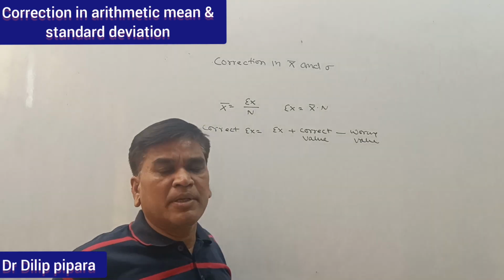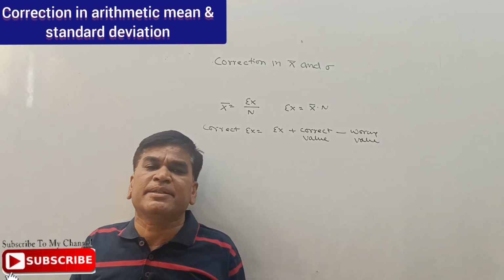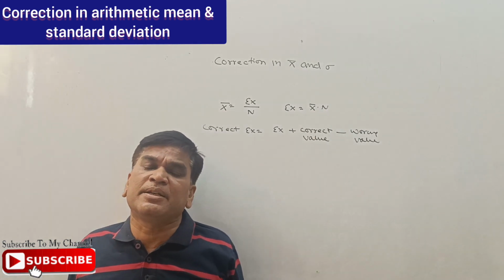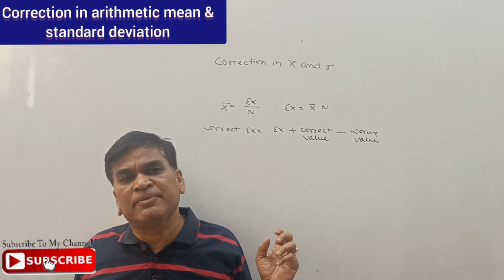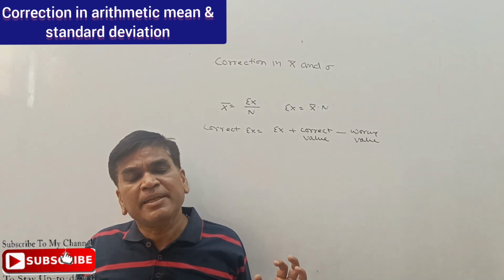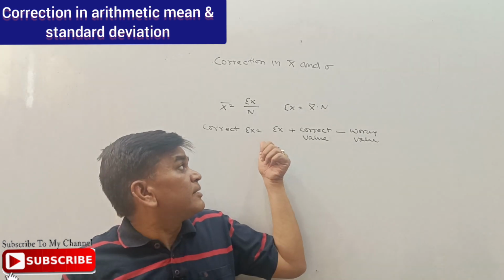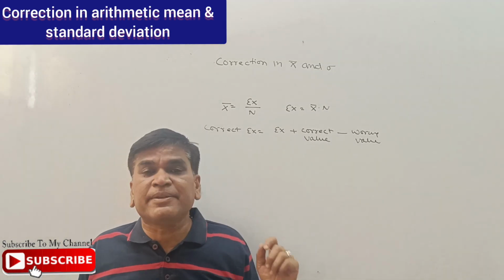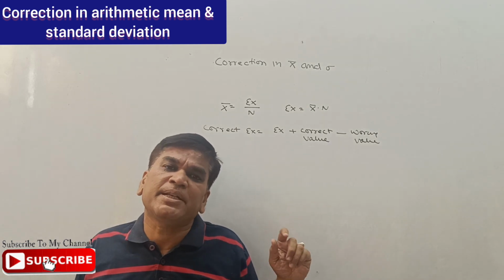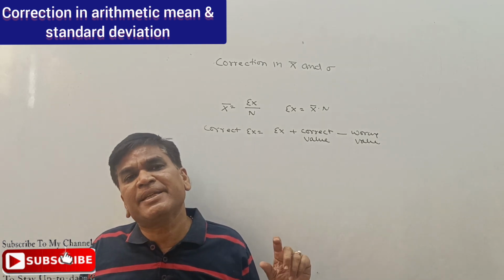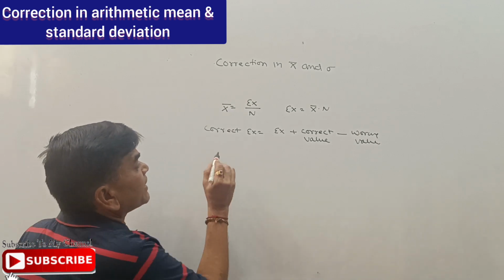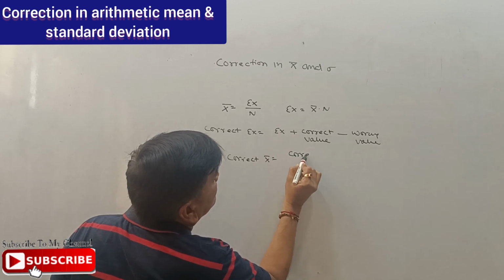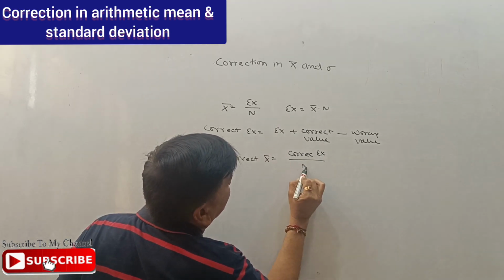So, first, with the help of x bar and the value of n, we calculate sigma x. Then, to correct sigma x, we add the correct value and subtract the wrong value. So, we get the correct sigma x, and then the correct mean is the correct sigma x divided by n.